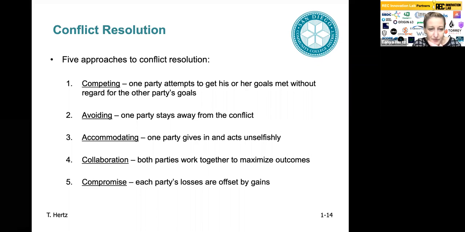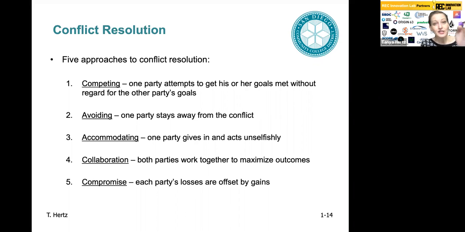And there are 5 primary approaches to resolving conflict: competing, where one party attempts to get his or her goals met without regard for the other person's; avoiding, staying away from the conflict; accommodating, giving in to the other and acting in an unself-serving manner; collaborating, working together to minimize outcomes; or compromising. So everybody loses a little, but in that nobody loses fully.